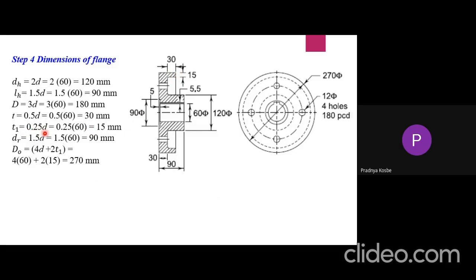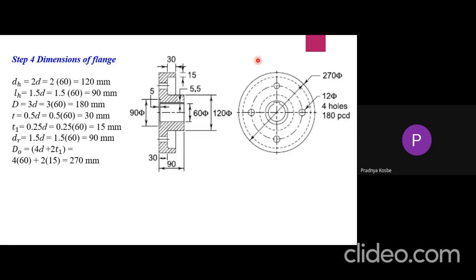This T1 is 0.25 times d, and it is equal to 0.25 into 60, that is 15 mm. Then dr is equal to 1.5 times d, and this is the portion where that 1.5d is equal to 90 mm.